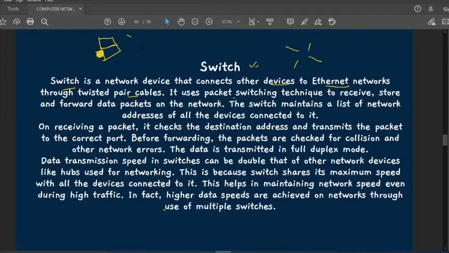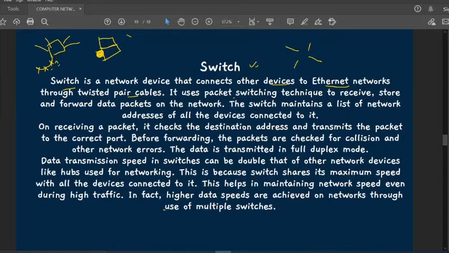I will try to explain it again so that it will be easier for you. Now suppose this is a router. There are some packets coming in, and these are the devices that need to receive them.